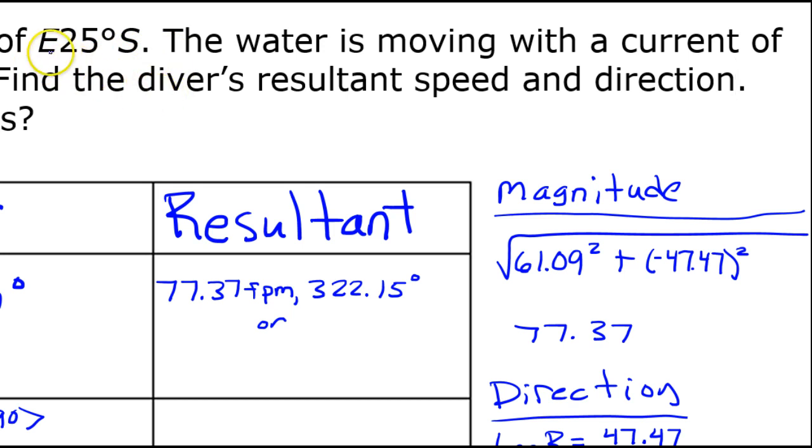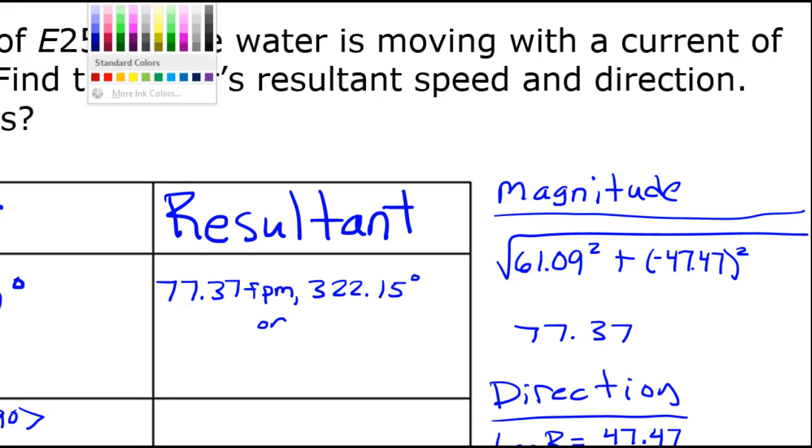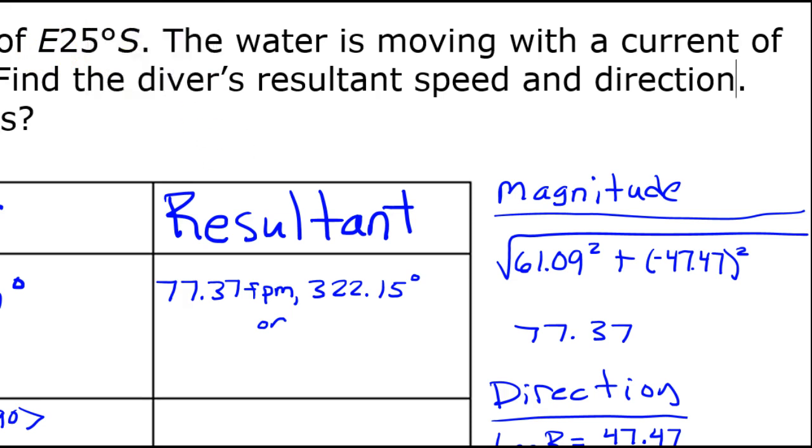So here I see directions like east 25 degrees south, that type of thing. So I'm going to look again and come back with that type of direction. So I'm just going to rewrite the whole thing, the magnitude and the direction. So the magnitude is not going to change. So we have 77.37 feet per minute.